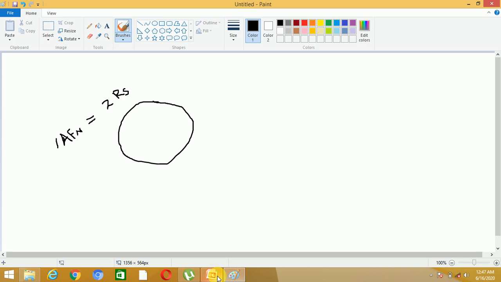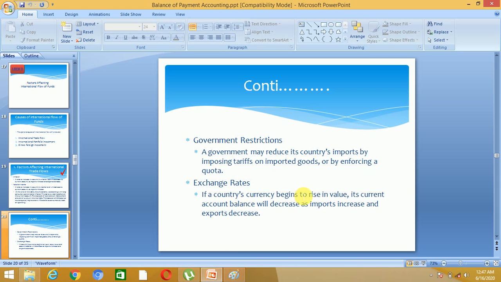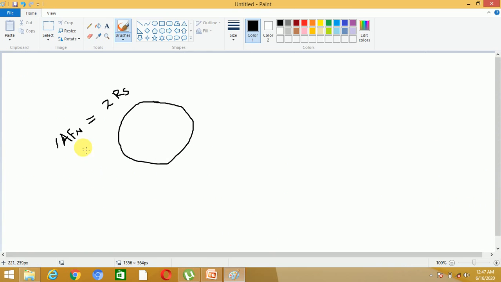Now what is he saying here? If a country's currency begins to rise in value, meaning the currency of Afghanistan, its value increases. Now one Afghani is equal to 3 rupees.